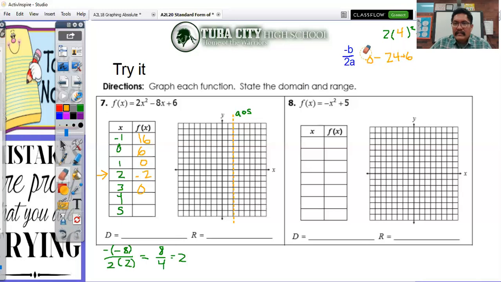That should give us our y values. And remember, f of x just means y. So what is 4 squared? 4 squared is 16. 16 times 2 is 32 minus, and then 8 times 4 is going to be 32.